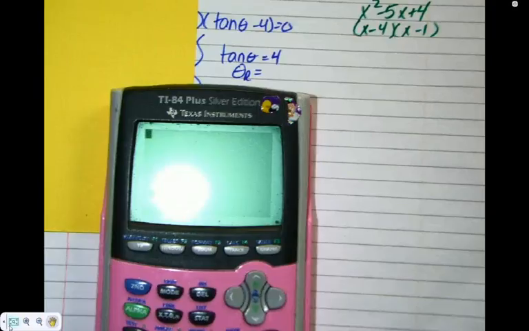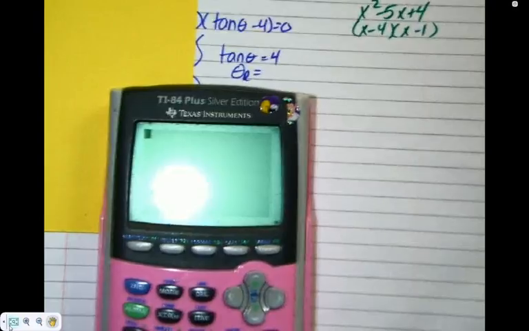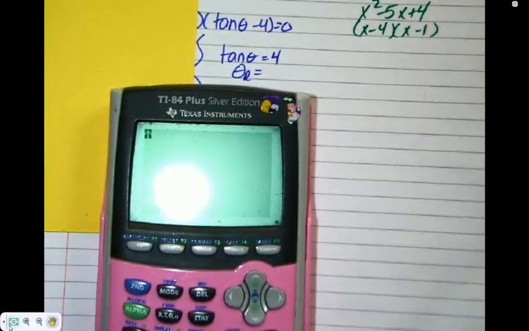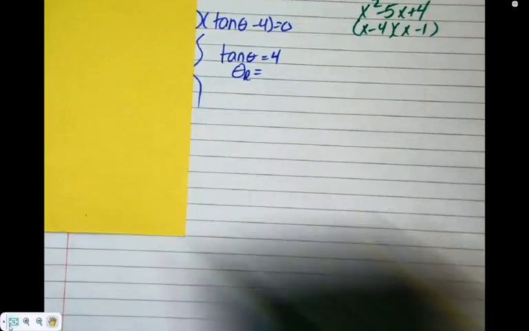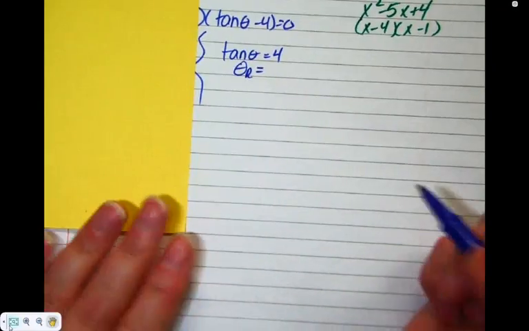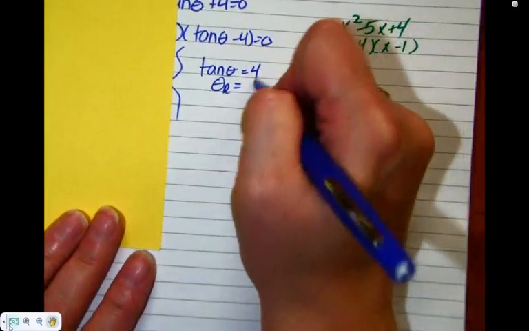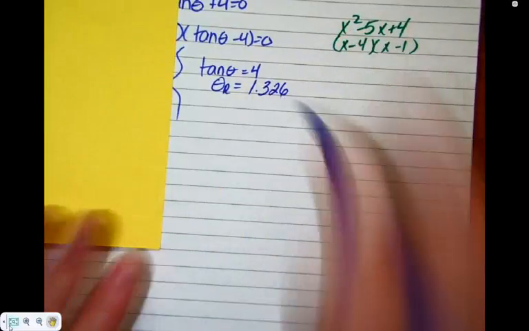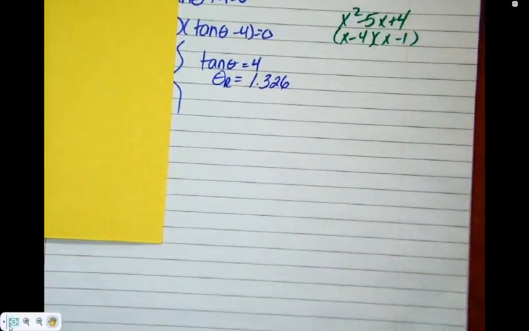What do we tell the calculator to do? How do we get it to give me the answer here? Inverse tan of 4, to 3 decimal places. That sounds confirmed.